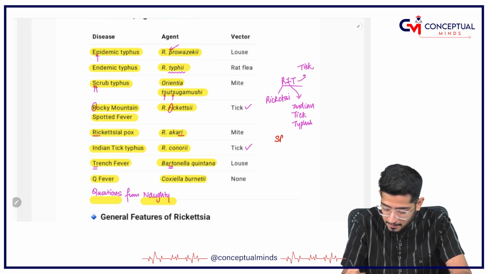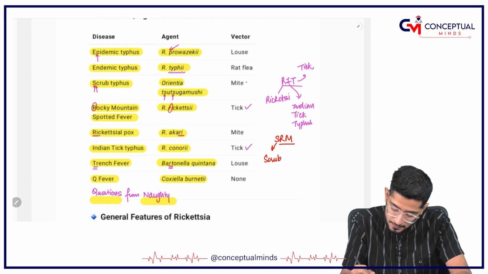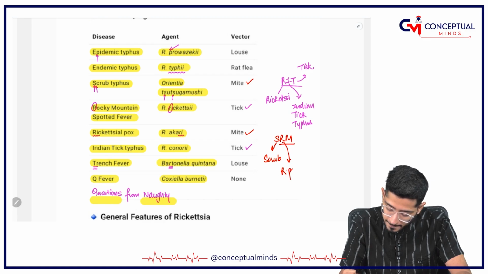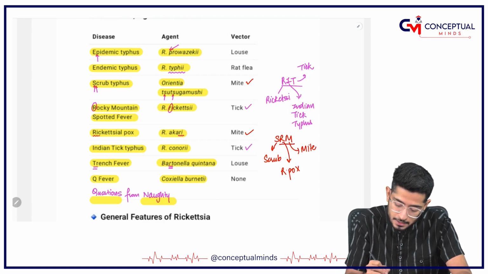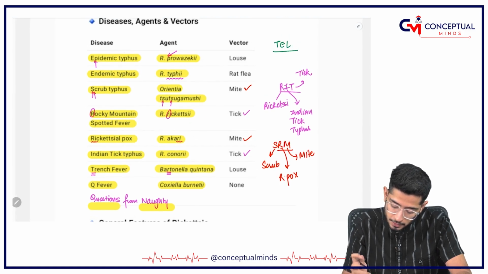Next comes SRM. S for scrub typhus, which is by mite, and R for rickettsialpox, M for mite. The third one is TEL. T for typhus, but which typhus?